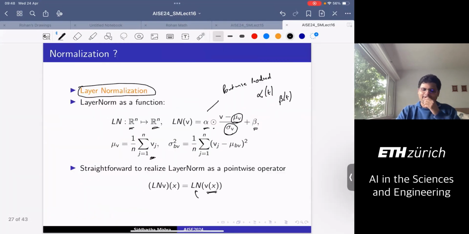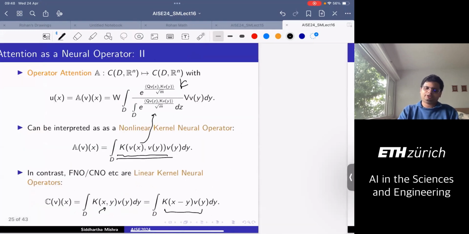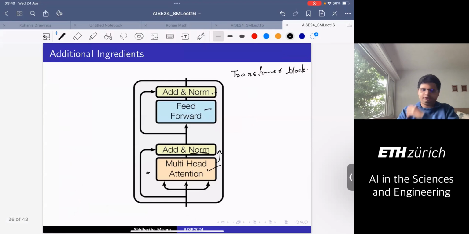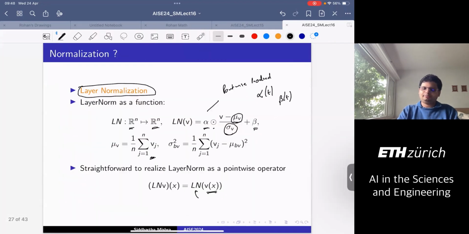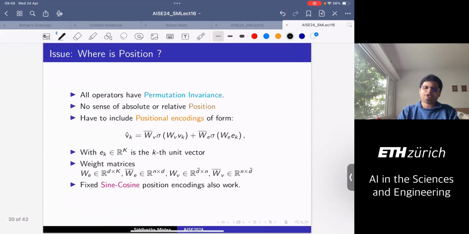There is no sense of location here, because I could have just reordered things in a permutation invariant manner and I would have gotten the same output. So everything else is applied pointwise. So the notion of mixing here, spatial mixing, is completely position independent. Okay, so there is no sense of position, and this is problematic.